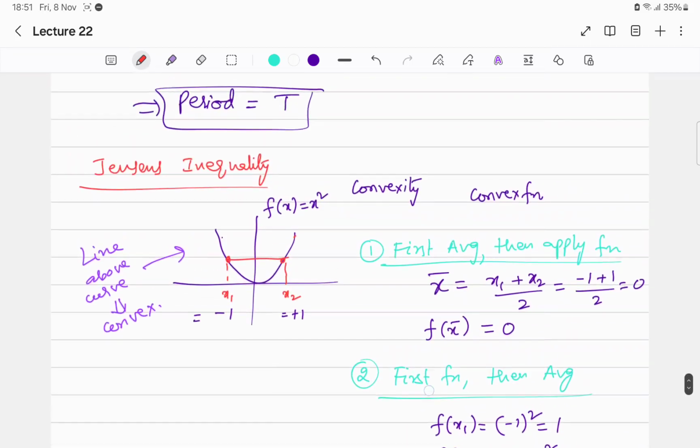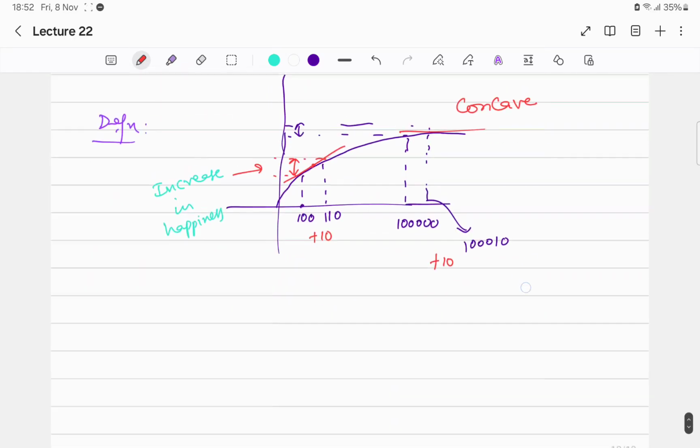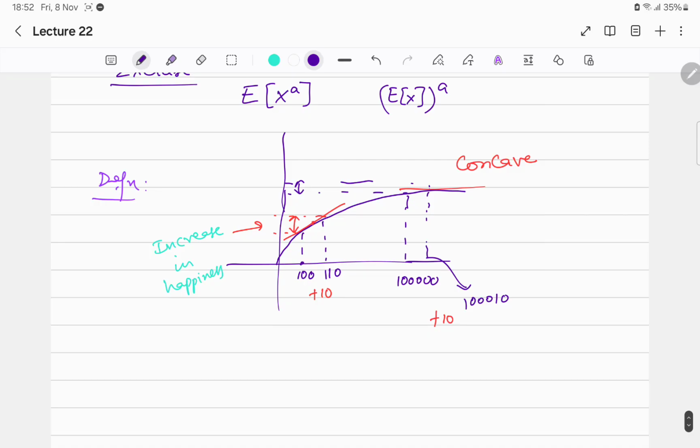So for example, if you look at this, initially the slope is negative and the slope became 0, then it became positive. That means the slope is an increasing function, right? Because the slope was initially negative, then it became positive. That means the double derivative is positive. So if the slope is a decreasing function, it implies concave.